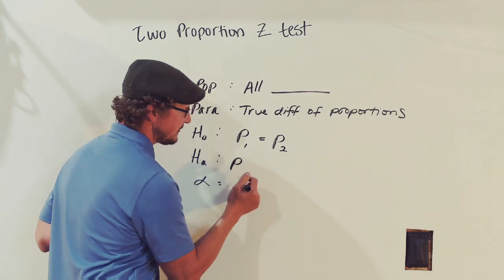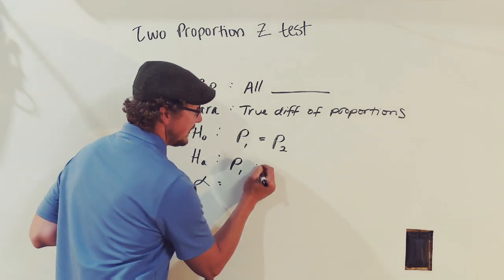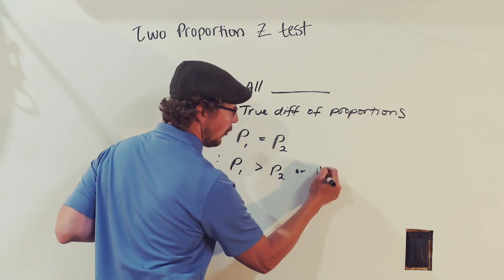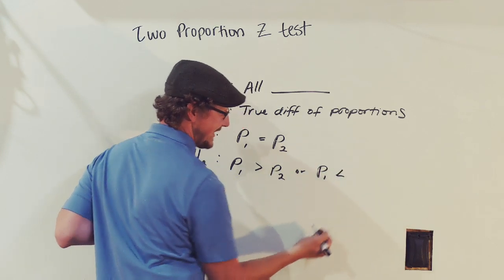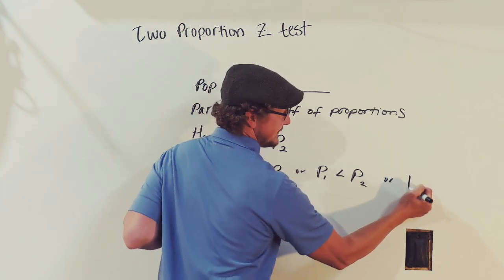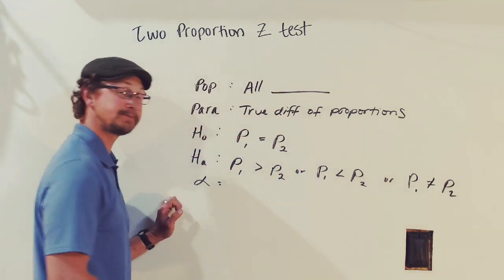It can be that the population proportion for my first group is greater than the second group, or it's less than the second group, or it's not equal to the second group.